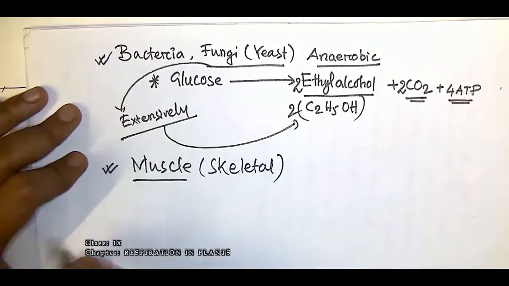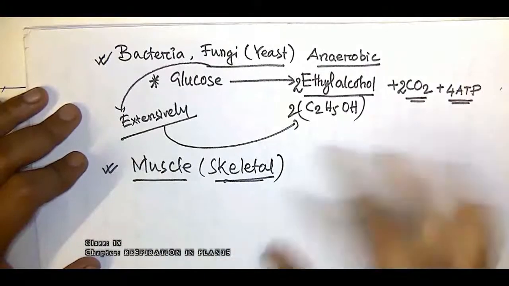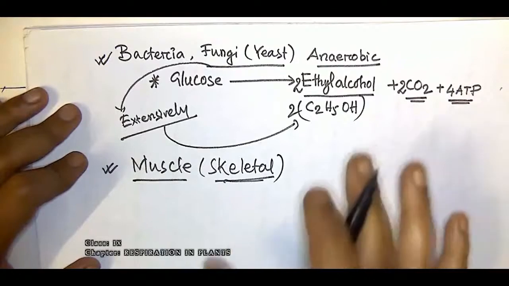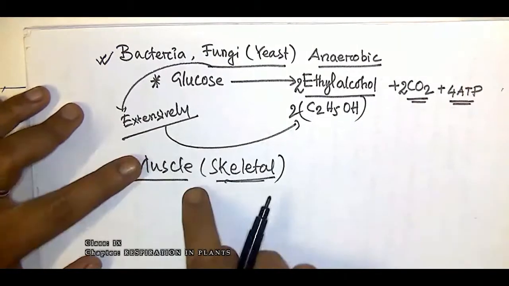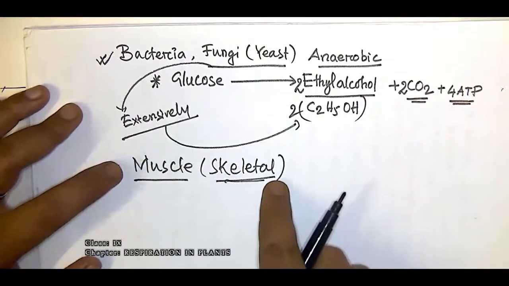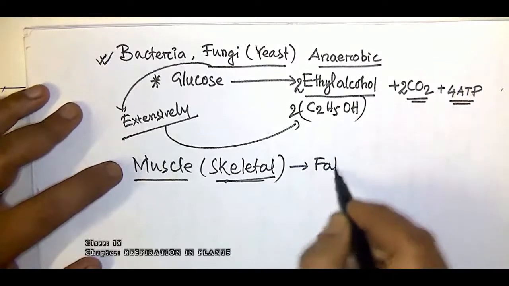Please remember, the muscles which are attached to your bones, not in all muscles. This is also very important. Your heart never becomes tired, isn't it? That is cardiac muscle. So when I'm using the word muscle, please be very careful. I'm talking specifically about skeletal muscle. And these are the muscles which can become fatigued.